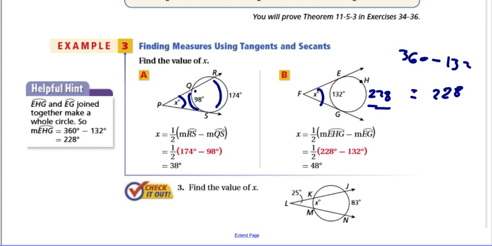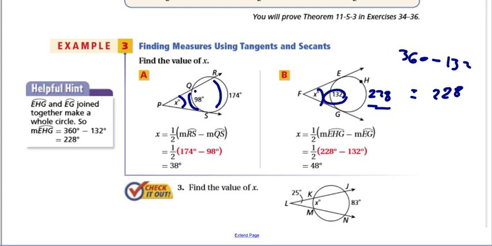Why 228? Because the major arc plus the minor arc equals 360. This arc is 132 and this arc equals 360 minus 132, which equals 228.